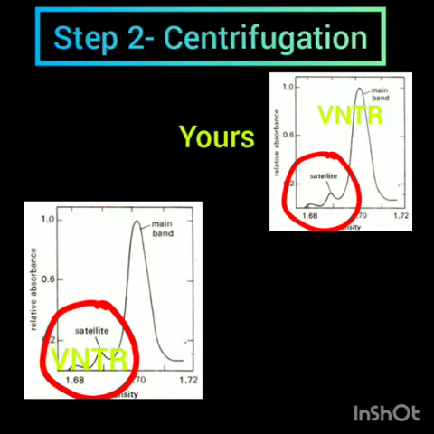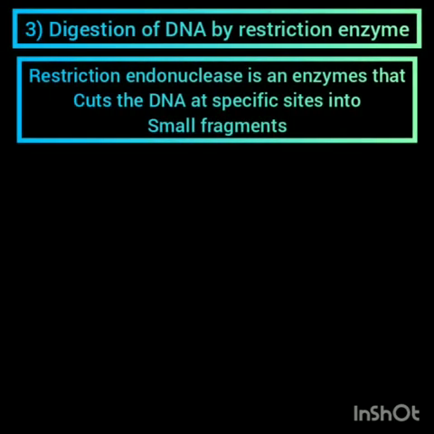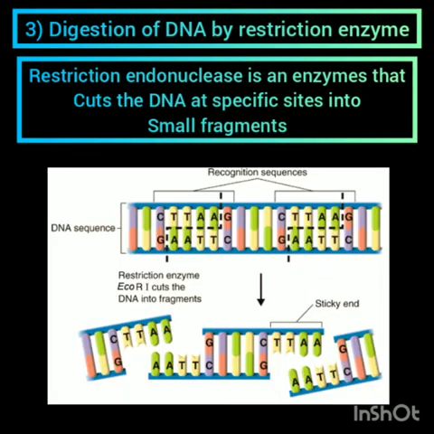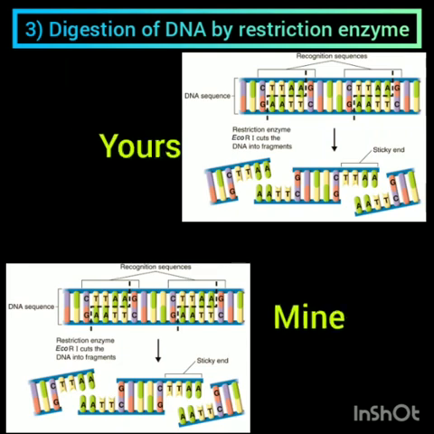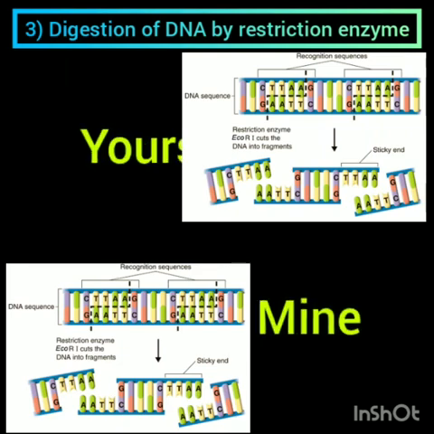Now we will allow our VNTR to undergo digestion, that is, cut down into small fragments with the help of an enzyme known as restriction endonuclease. This enzyme acts as a scissor, and hence it is also known as molecular scissors. Now, after this process, we will get the fragments of your VNTR and my VNTR.